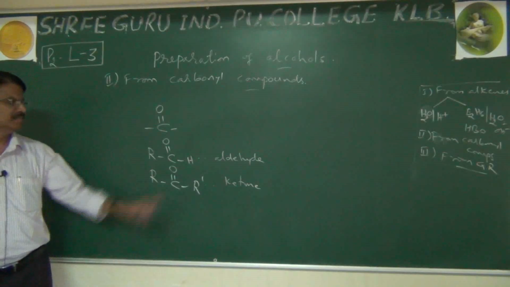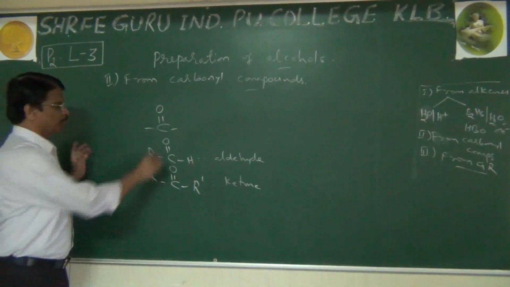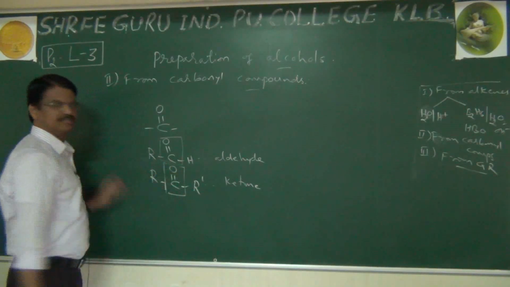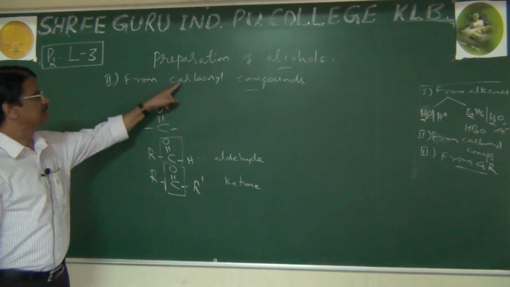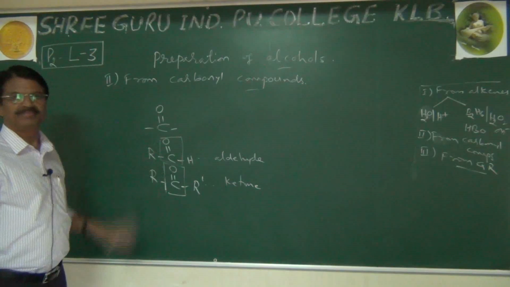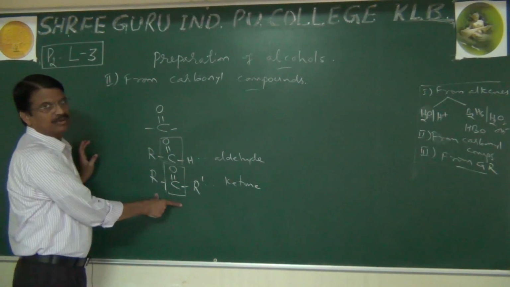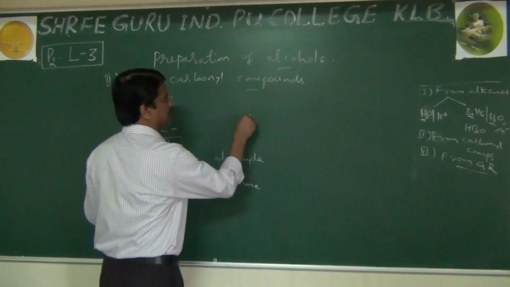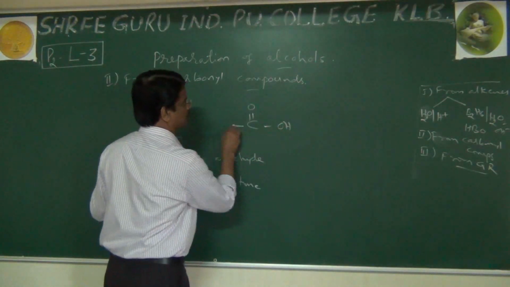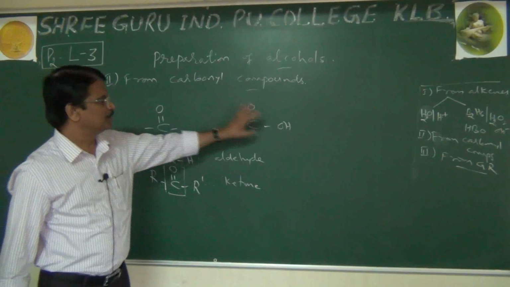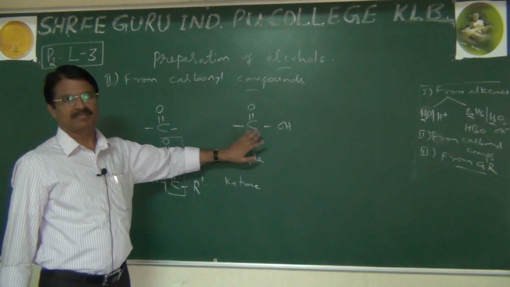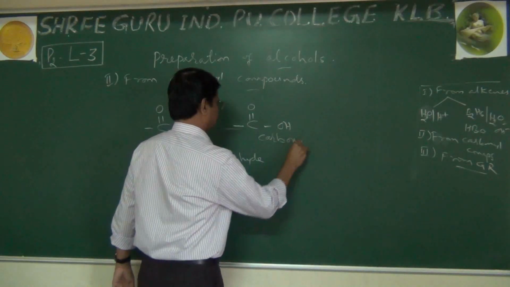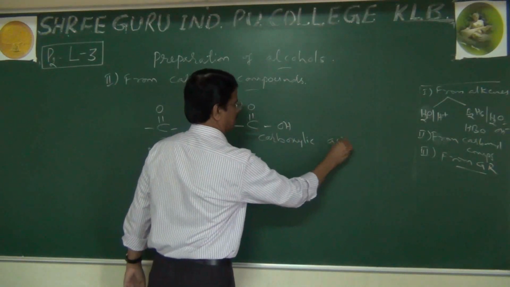Both contain carbonyl, so aldehyde and ketone are called carbonyl compounds. Further, one more molecule: if the carbonyl group is linked with OH, it is said to be carboxylic acid.